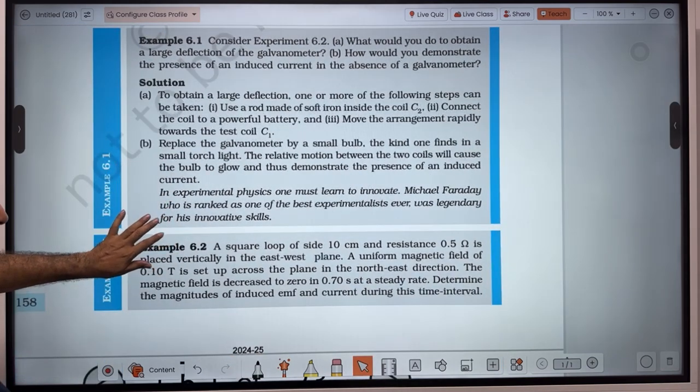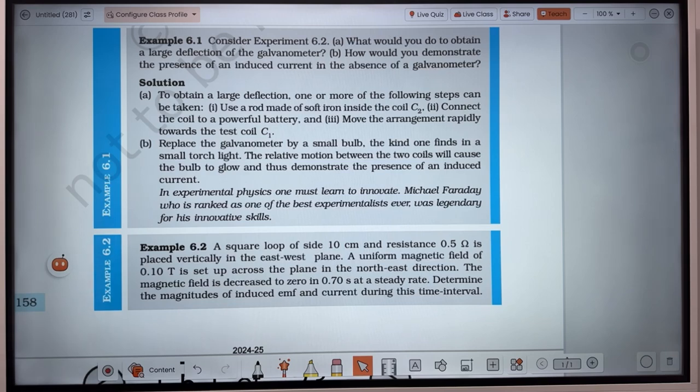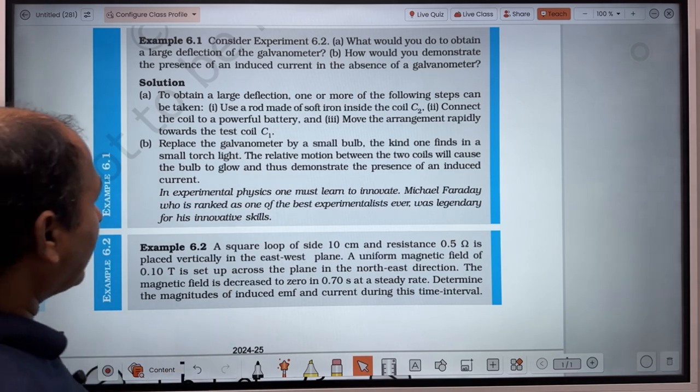Now there is another question. This question is based on the concept that the EMF induced is given by minus d phi by dt. In magnitude it is just d phi by dt, and if there are n turns, in that case n d phi by dt. Now we can read the question.